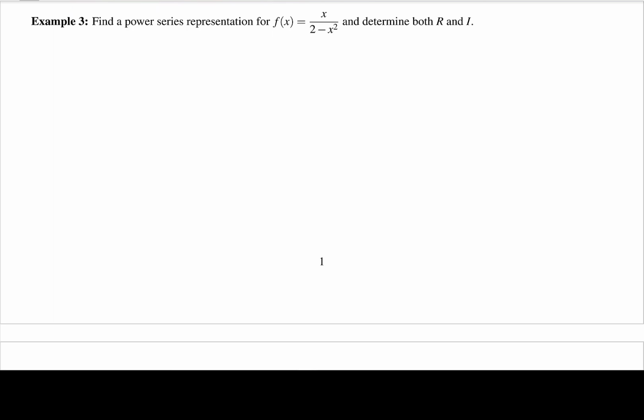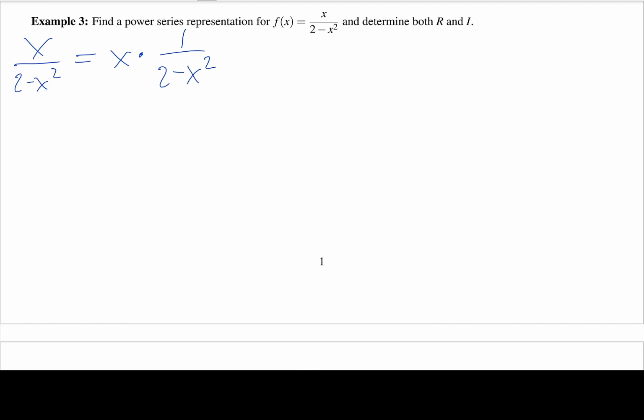The best way to look at example 3 is for us to notice that x over 2 minus x squared is equal to x times 1 over 2 minus x squared. Well, this can be simplified a little bit more. What I'm trying to do is get something that looks like 1 over 1 minus r.